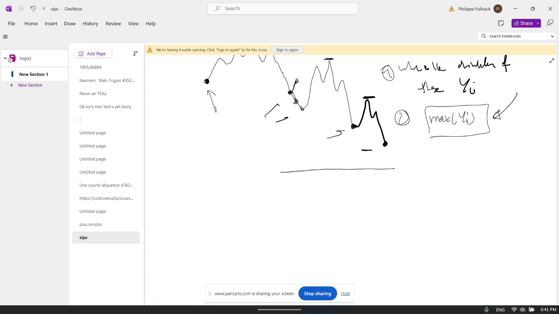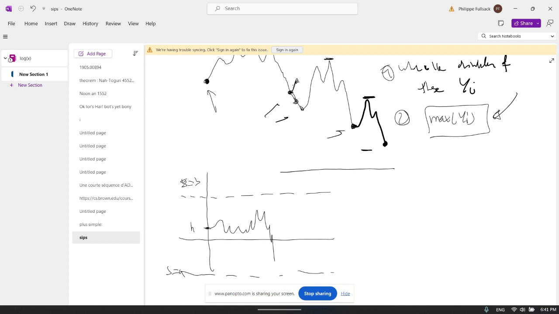So what we are going to do is something very simple. We are going to place two walls, one here at S equal B, and one there at S equal A. And we are going to start somewhere here at H, and do our random excursion.